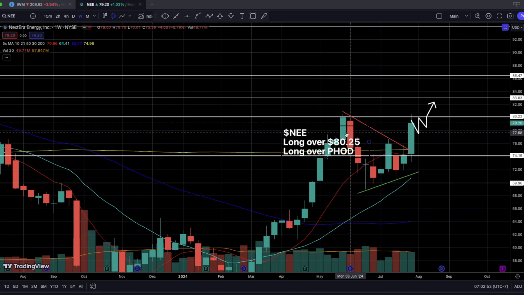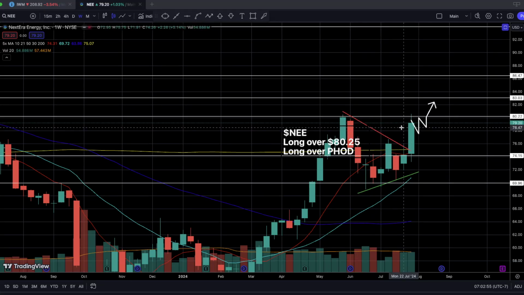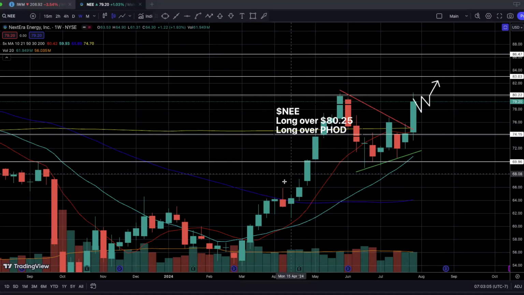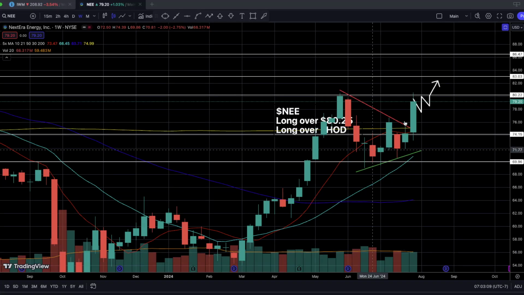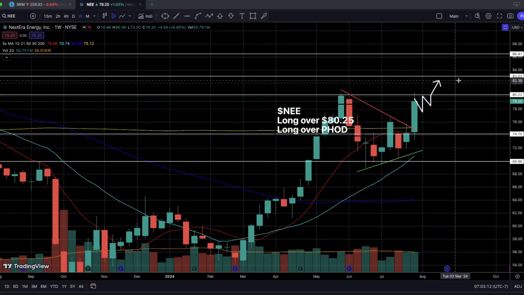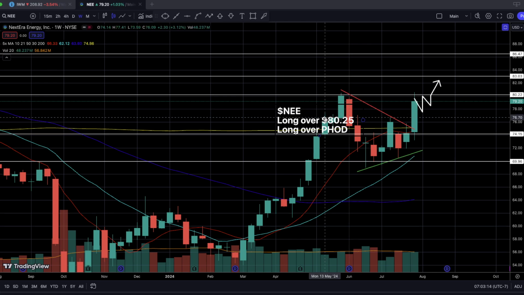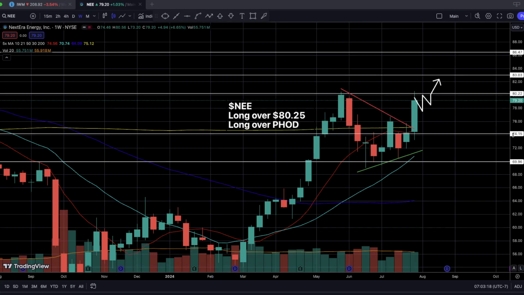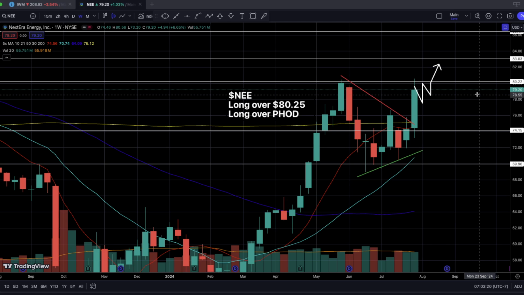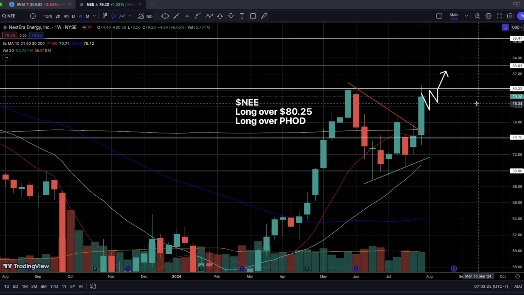Now, obviously, that will give us a nice higher high pivot point, and most likely our last higher high pivot point before we see a nice rejection move to the downside. And why do I say that? Well, we had a pretty massive run so far this year. And again, this is just a utilities stock, and there's a chance that we can see a very quick move of strength, but at the same time, a very quick return back to weakness.